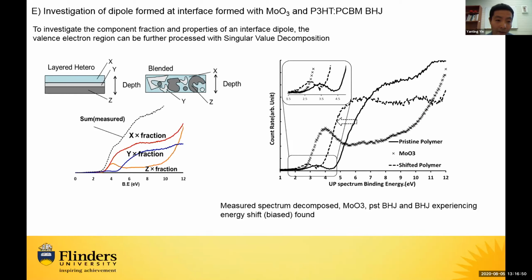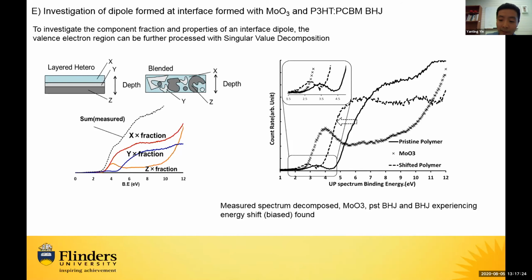For example, I have 20% of material X, 30% of material Y, and the rest material Z. You will find different fractions: the spectrum from material X with its fraction, material Y with another fraction, and material Z with a third fraction. Sum them together, and they contribute to the measured spectrum. So this is another inverse way to decompose these spectra.